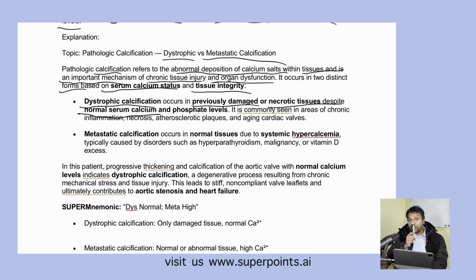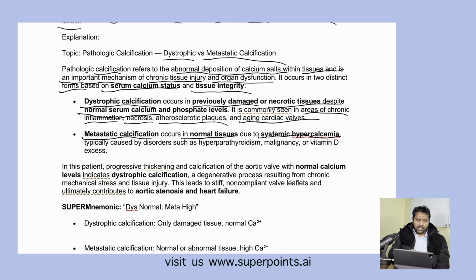So when you see normal serum calcium and calcification, they are talking about dystrophic calcification. It is commonly seen in areas of chronic inflammation, necrosis, atherosclerotic plaques, and aging cardiac valves. Metastatic calcification occurs in normal tissues due to systemic hypercalcemia. So whenever you see the calcium level is high, that is metastatic calcification.